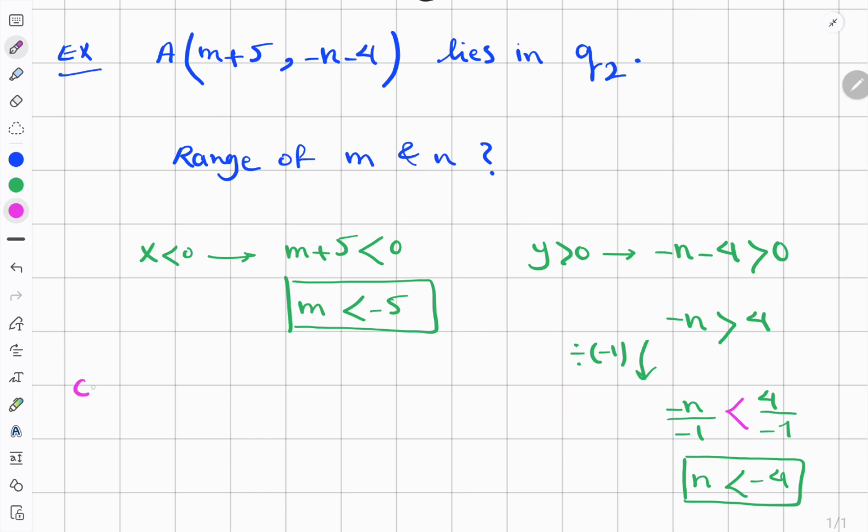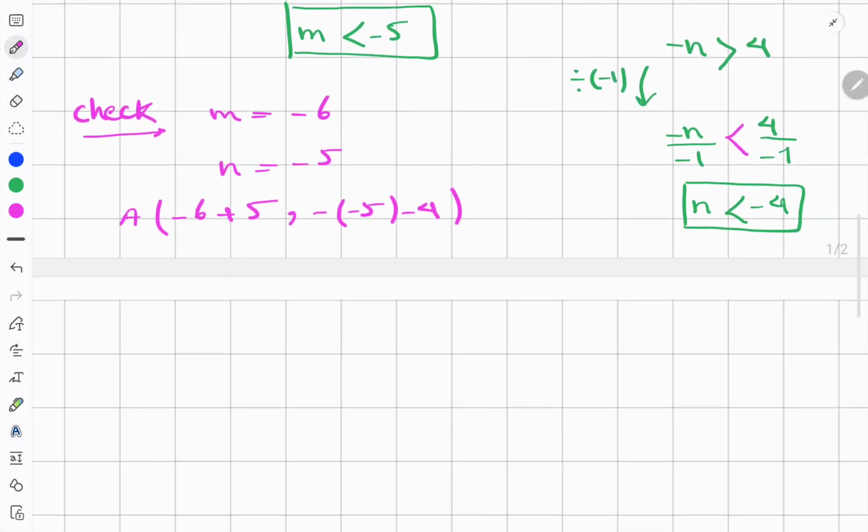Okay, for example, m less than negative 5, let's use negative 6, and n less than negative 4, like negative 5, and substitute the values of m and n into point A. So A is m, which is negative 6 plus 5, and n is negative 5, so negative negative 5 minus 4, and simplify this.